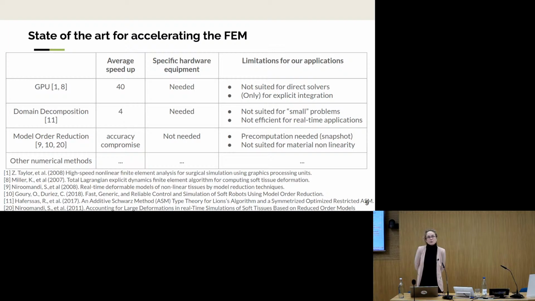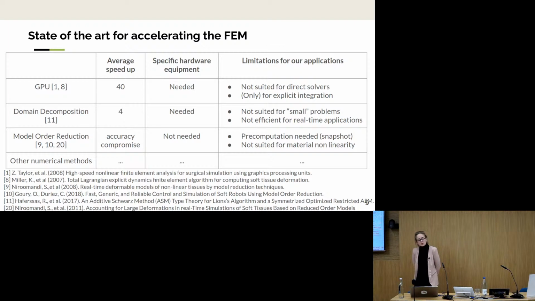Another option is to reduce the number of degrees of freedom of the model by using model order reduction techniques, such as proper orthogonal decomposition. It computes offline the numerical solution to several complete problems called snapshots, and it extracts the principal deformation modes in order to compute the reduced solution.